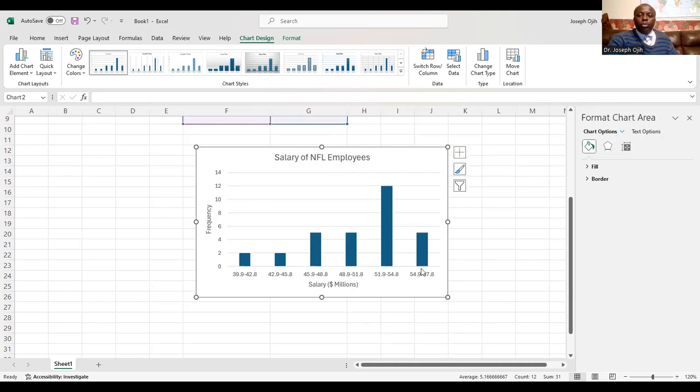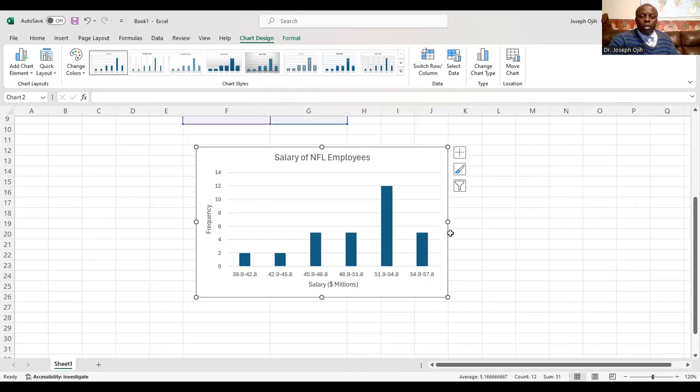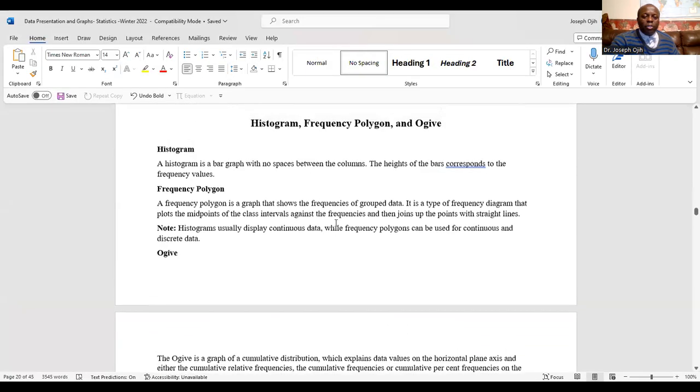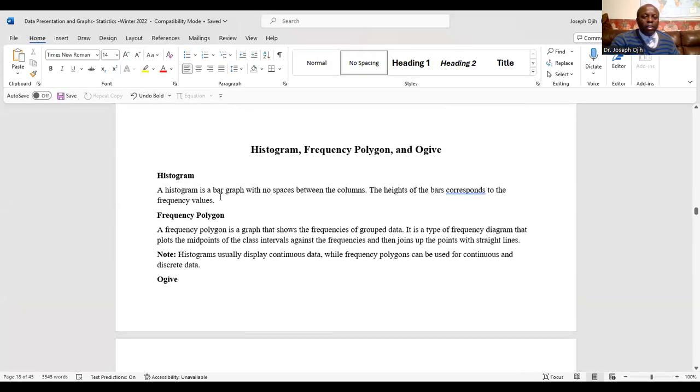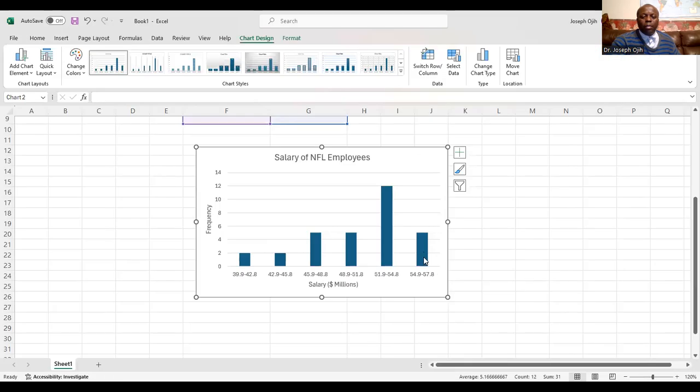Now, I want to show you something before we round up with this. If you remember, I mentioned in my definitions that in a histogram, the bar graph has no spaces in between the columns. But this one has spaces, so we have to close that space. How do we do that?